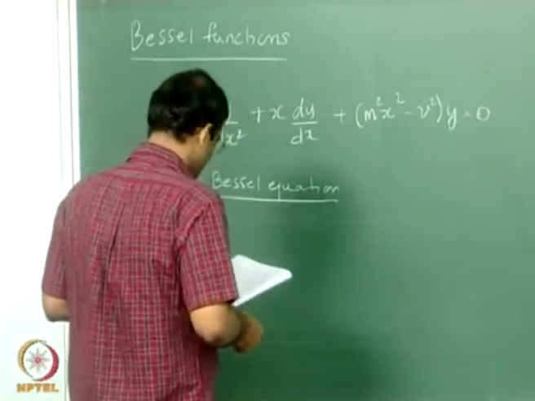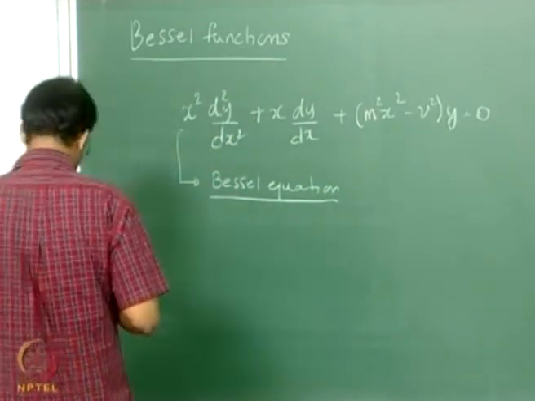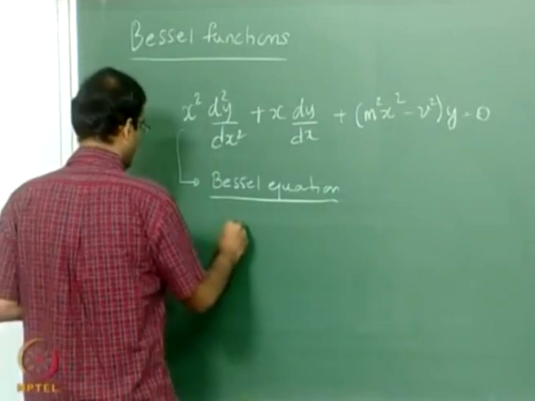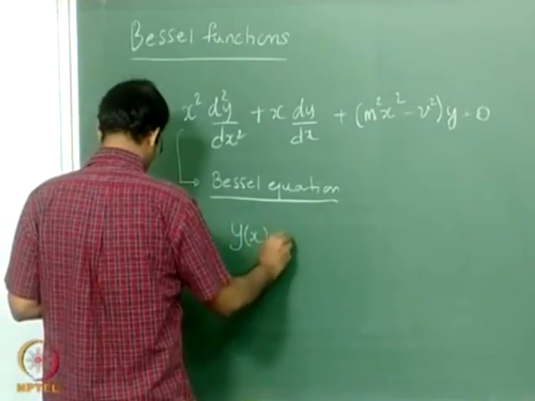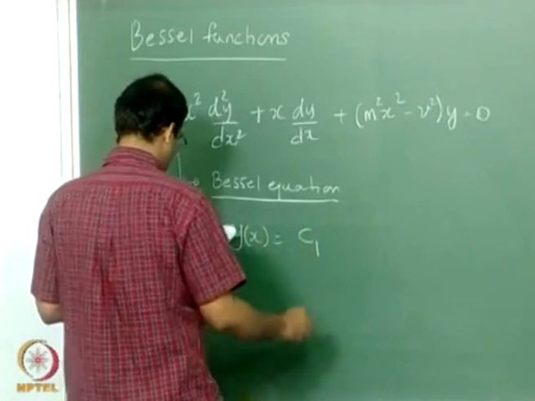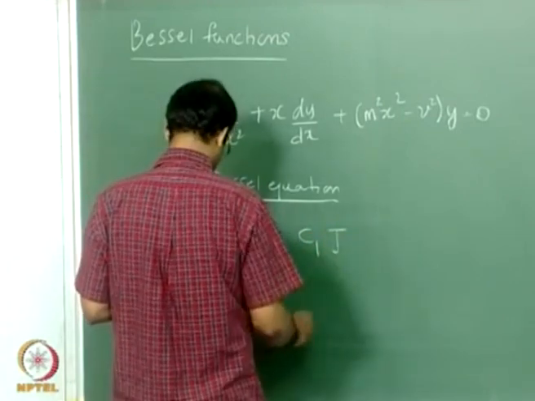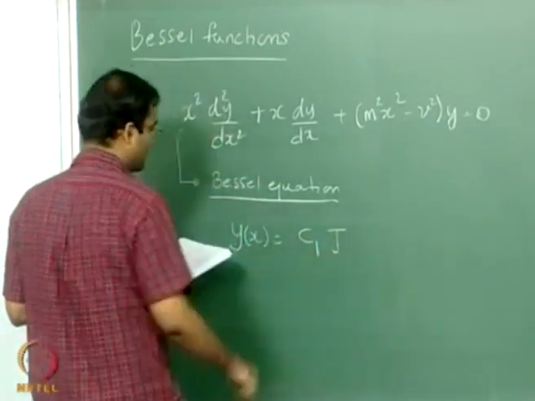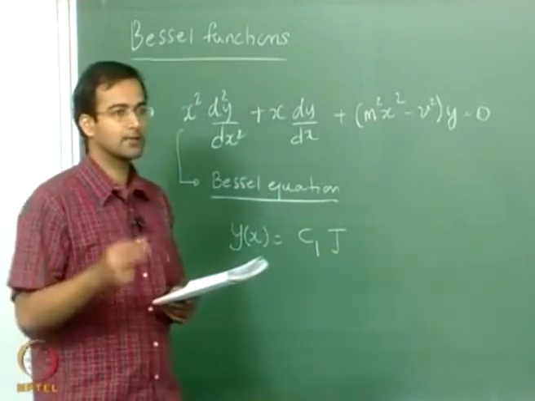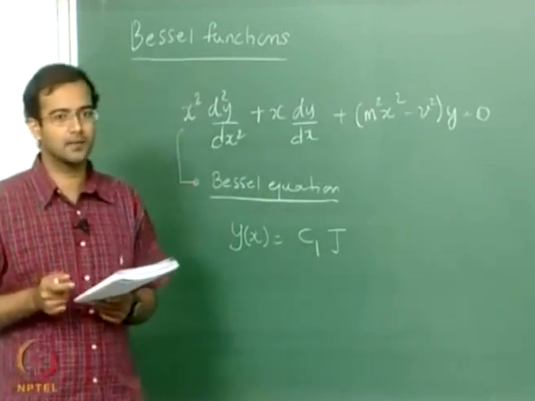So the solution to the Bessel equation is given as y of x equal to some constant c1 times a Bessel function. There are two kinds: the Bessel function of the first kind and the Bessel function of the second kind.